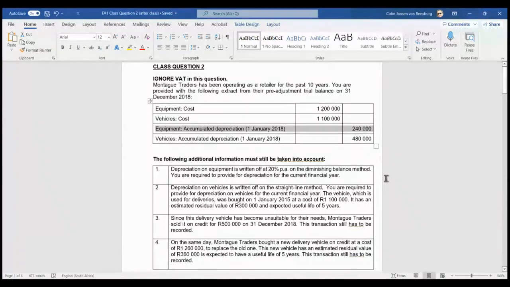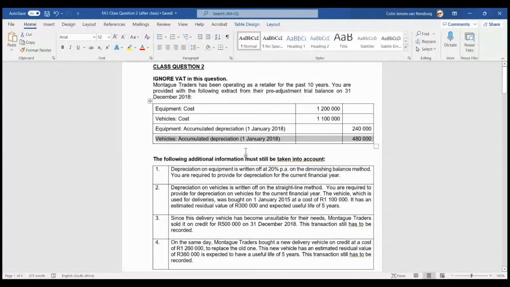We're going to allocate a column in the table to each category of asset, right? We've got two categories. We've also got vehicles. So there we see we've got an opening balance for vehicles at the beginning of the year of 1.1 million, and its accompaniment, its spouse, if I can put it that way, the accumulated depreciation on vehicles. Right. So those are the opening balances that we'll have to use in our table.